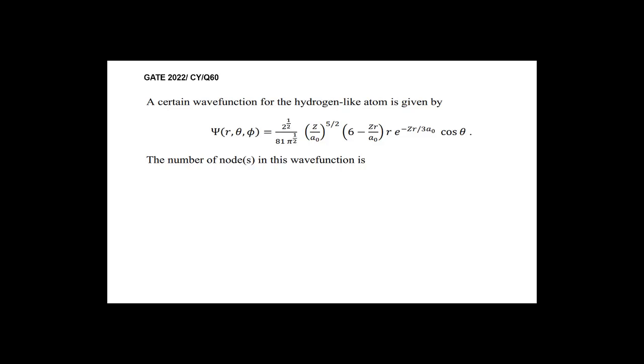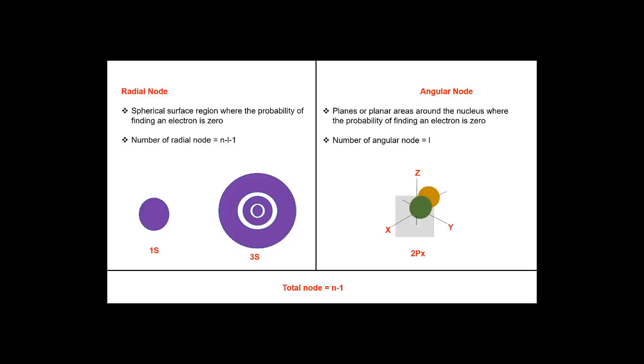First of all, we have to understand, for hydrogen-like atoms, there are two types of nodes. First one is radial node. Second one is angular nodes. Before discussing this question, let's first discuss radial nodes and angular nodes.